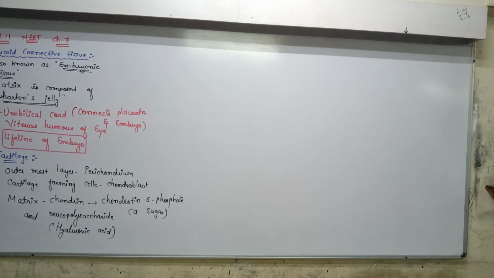Next point, blood circulation is absent in the matrix of the cartilage, but only present in the perichondrium.